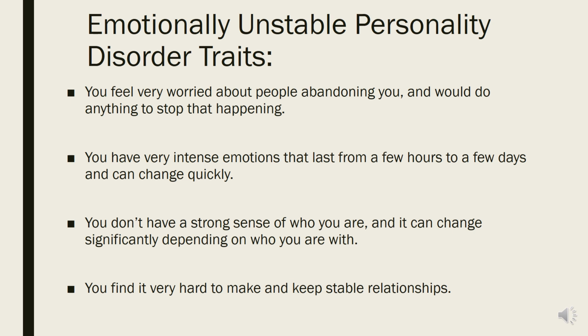So that comes from our insecure attachment, and how people might try to do anything. So stay in some very problematic relationships at times where they might be mistreated, but this fear of abandonment or being left is such that they will do anything to stop that happening.